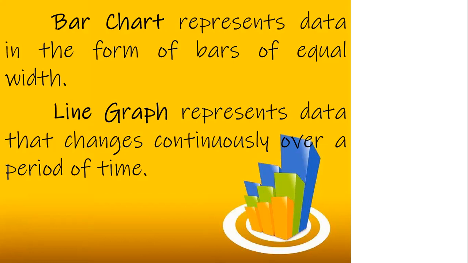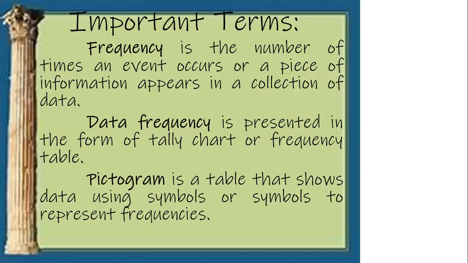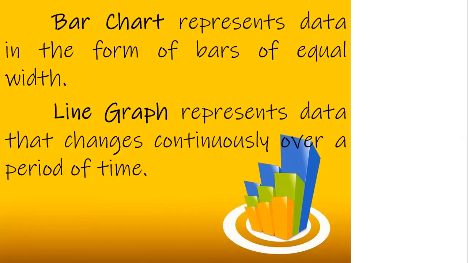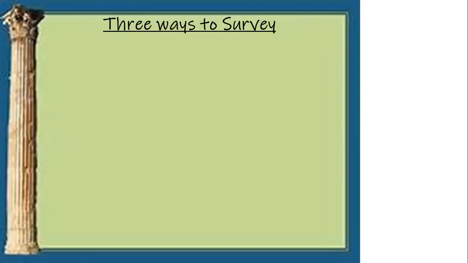Take note of those important terms: frequency, data, pictogram, bar chart, and line graph. All of that we will discuss now. I mentioned that we can get the data through reading existing files: internet, library, as long as there is established data.